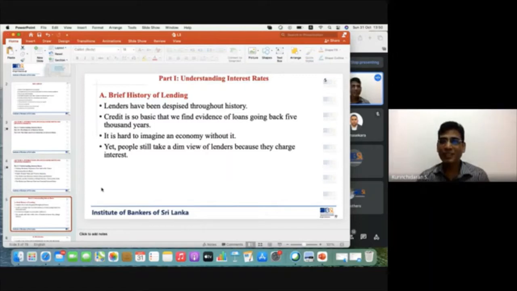But apparently we have to live with that, because without any lending or credit facilities, we cannot move forward, right?